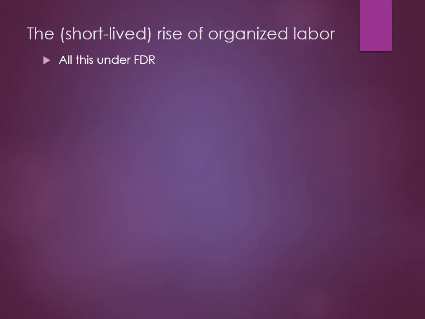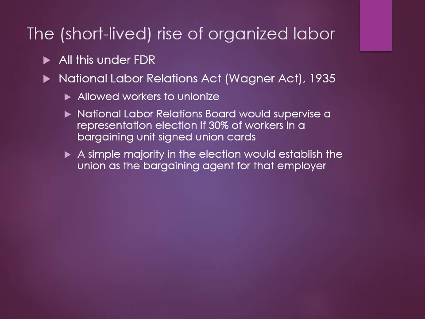This all happened under FDR. He was the president in all of our history who was most friendly to the rights of workers. Now, in this 1935 law that I just talked about, what it does is allow workers to unionize. It guarantees that right. It established a group called the National Labor Relations Board, the NLRB.